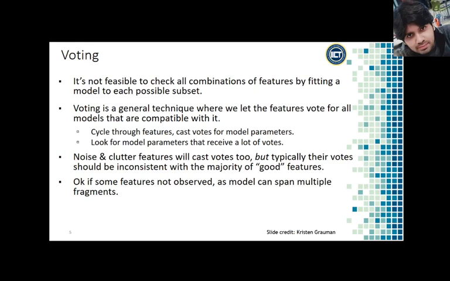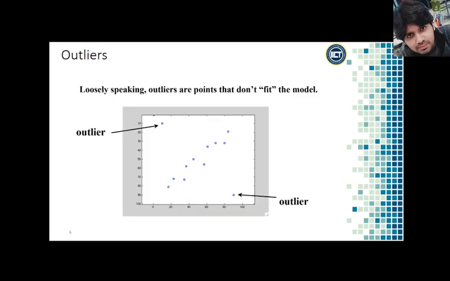RANSAC is a kind of numerical solution, where you assume some part of the information, take that information into account, and try to fit the model with a minimal number of requirements. In that case, outliers are the biggest threat to this method. Loosely speaking, outliers are points that don't fit the model, and if we take the outliers into consideration for fitting, that will be a disaster.